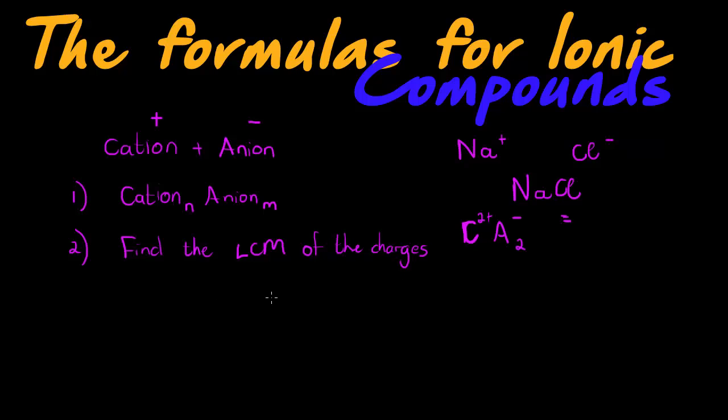Let's call that LCM just L. Then N, the number of cations I need, will be the lowest common multiple divided by the cation charge, and M will be the lowest common multiple divided by the anion's charge.